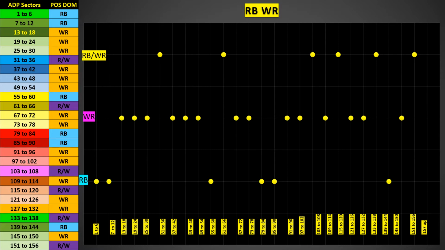RB heavy would be biasing the picks towards probably 2, 3, 4 running backs before you pick up a wide receiver. So you can scheme and steer your draft as you see fit. This is just showing you what the public has done in the past.